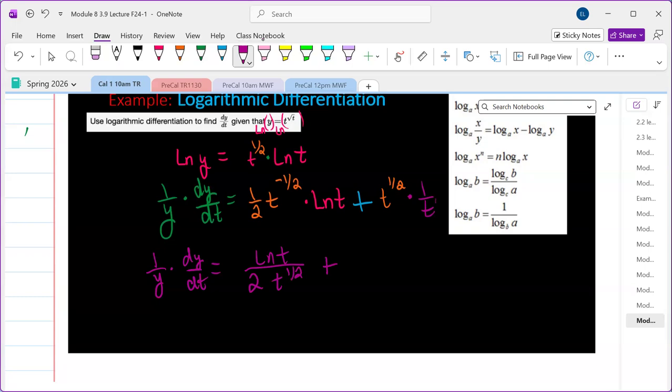That's 1/2 minus 1, which would be the negative 1/2, or I can write it as 1 over t to the 1/2. So I could even, by multiplying by 2, write this as one big giant fraction if I wanted. I'm just going to leave it like that, though, but we do have to do the 1 over y part. I got to multiply by y on both sides.